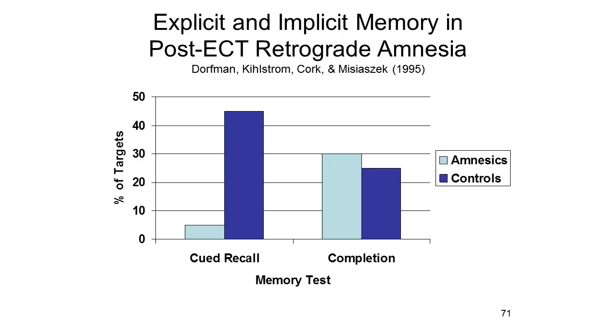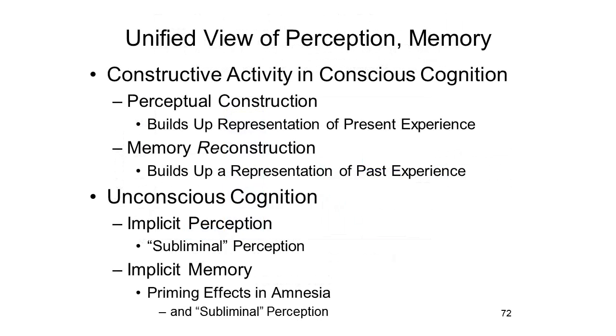The principles governing implicit or unconscious memory may differ somewhat from those that govern explicit or conscious memory. But even so, I think you can see that we can offer a unified view of perception and memory.